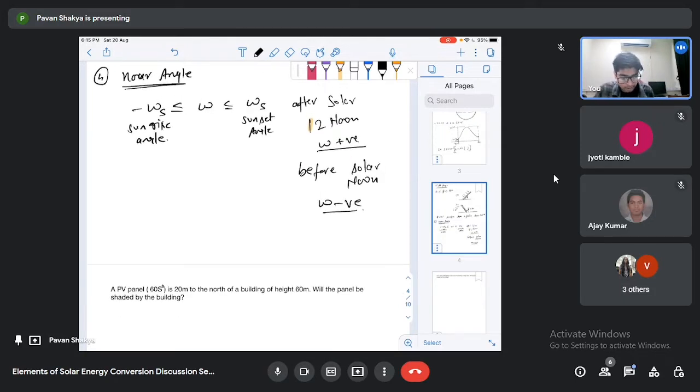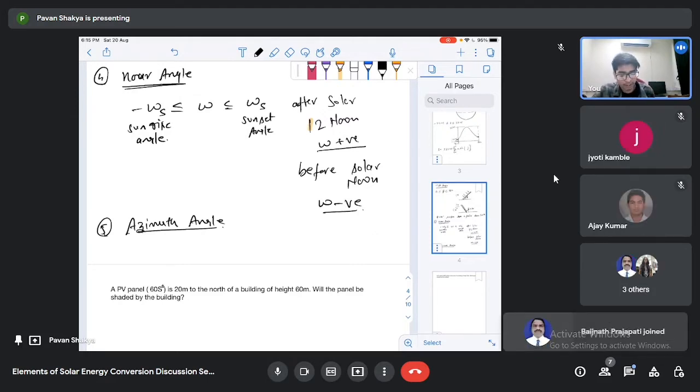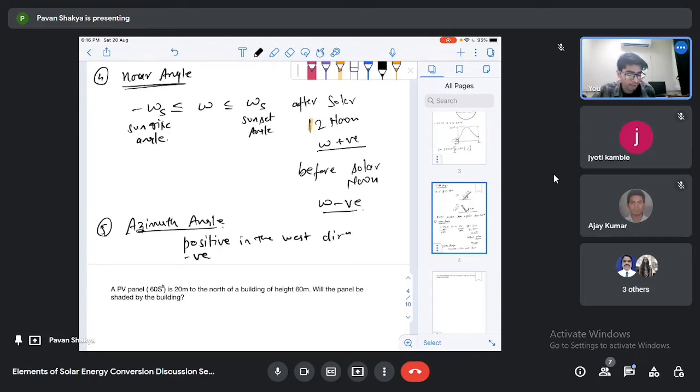Next is the azimuth angle. The sign convention for this azimuth angle is taken similar to the hour angle. It is taken as positive in the west direction and negative in the east direction.